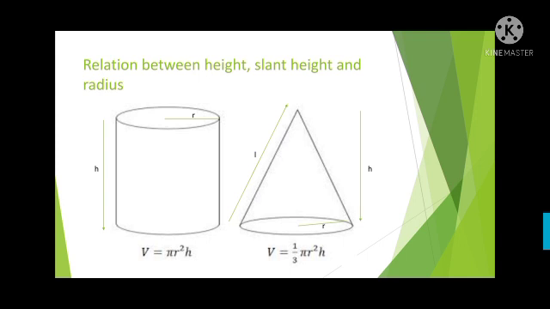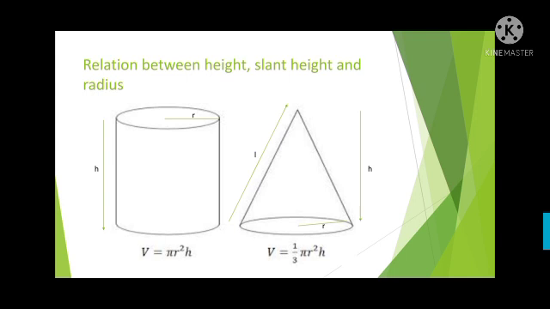There is one line denoted by l, and that is the slant height, and it is always more than the direct height, which is denoted by small h. And the relation between those is given as L square is equal to R square plus H square. Now how this formula comes, that I will explain to you.